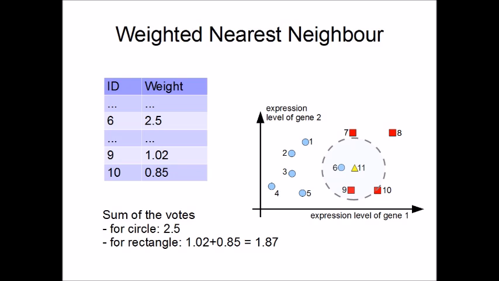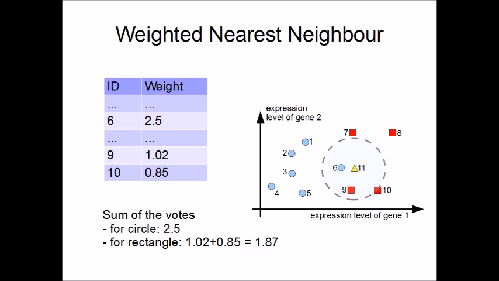So the reason why this triangle is classified as a circle is essentially not the fact that the nearest neighbor with the highest weight belongs to the class of circles, but the fact that the sum of the weights for the class of circles is higher than the sum of the weights for the class of rectangles.